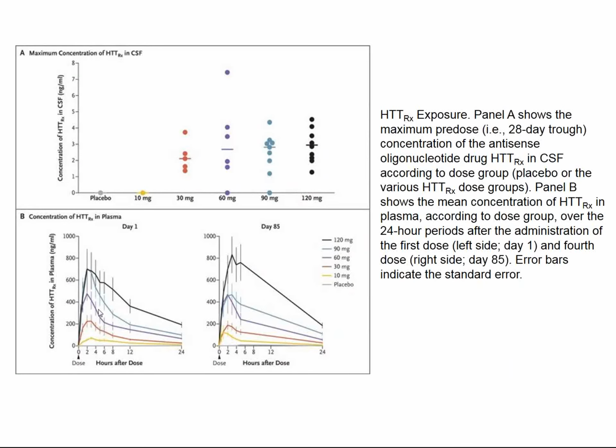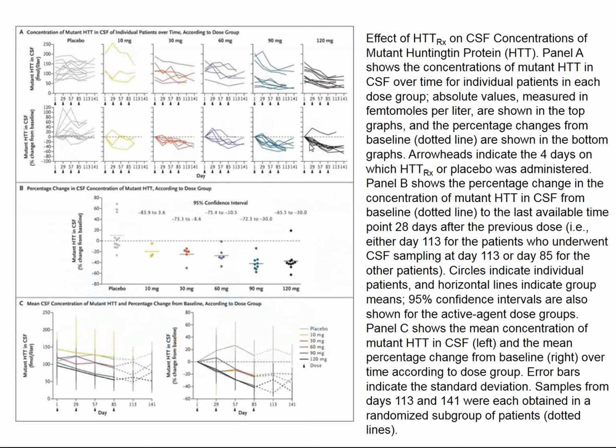Now, there's a dose-related concentration of HTTRX that's observed in plasma. So evidently there's some transfer across the blood-brain barrier after this material is given, and the maximum concentrations that are seen in cerebrospinal fluid is shown in this upper panel of this graph.